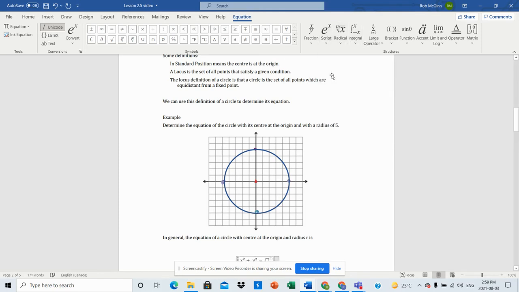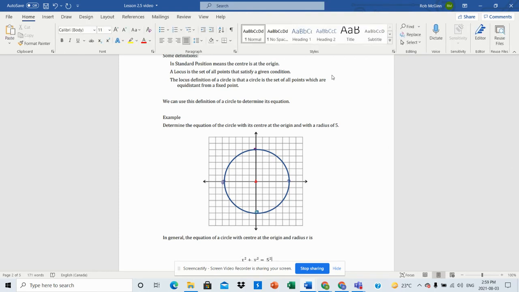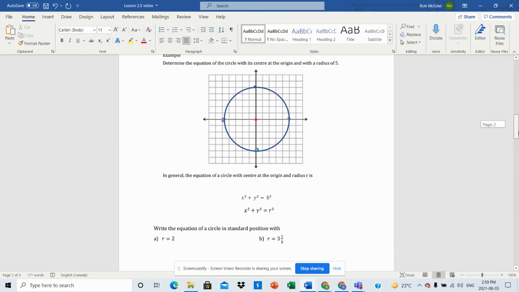In this case, we know our radius is 5, so 5 squared. So we have x squared plus y squared equals 5 squared.